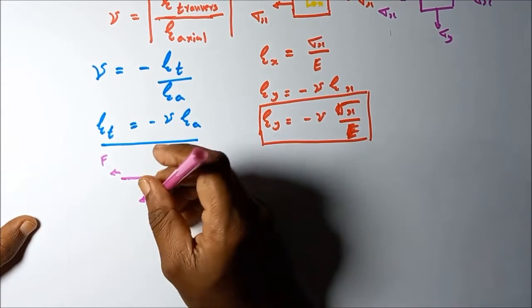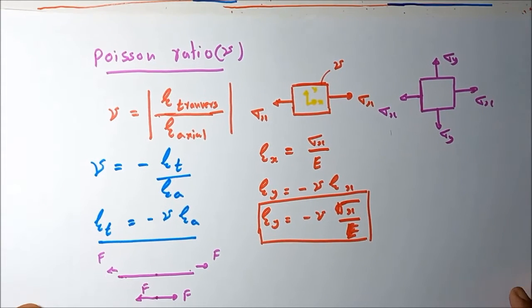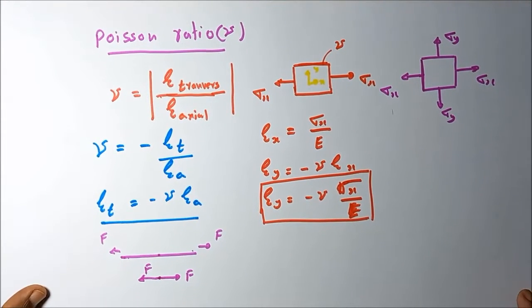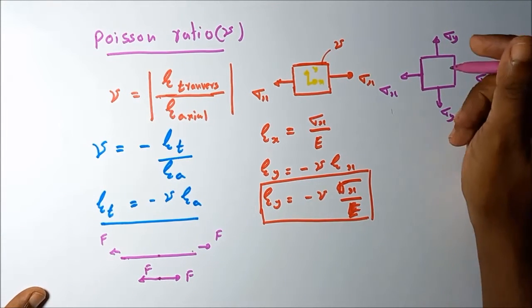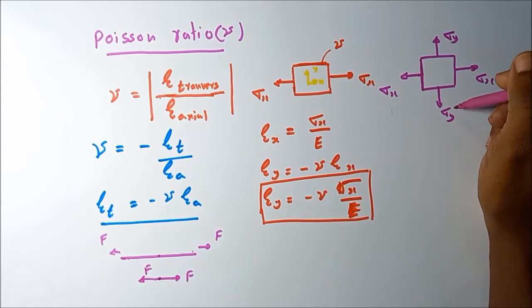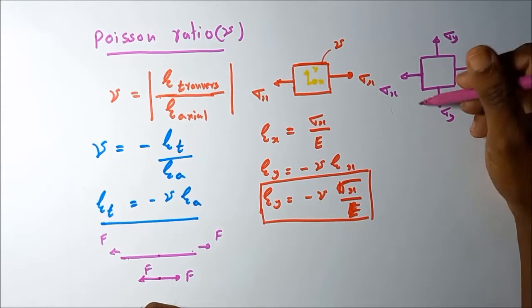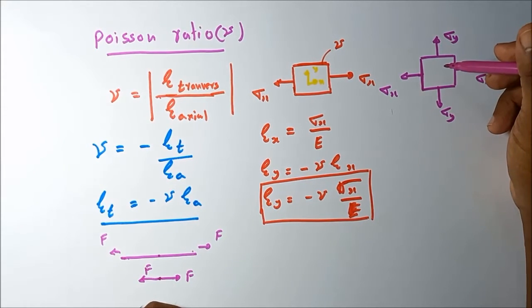Similarly, this is how we mark the stresses acting on a certain element: sigma x, sigma x, sigma y and sigma y. These stresses are opposite in direction and equal in magnitude.